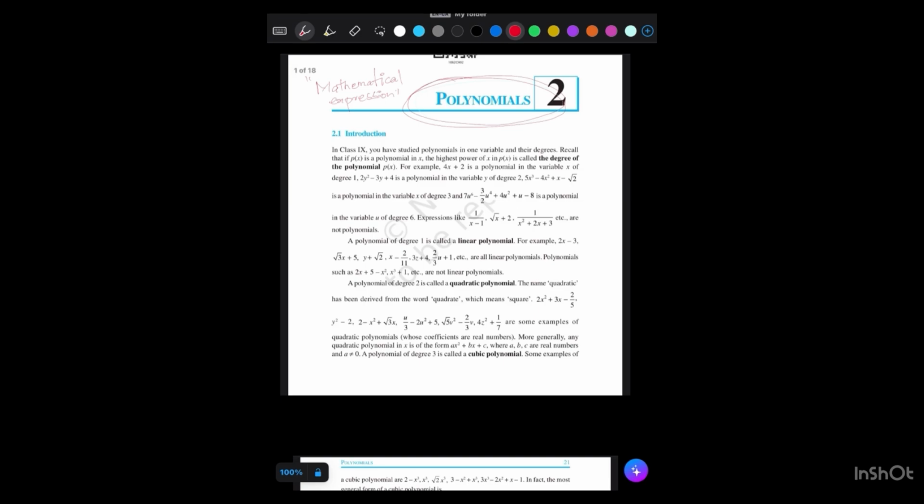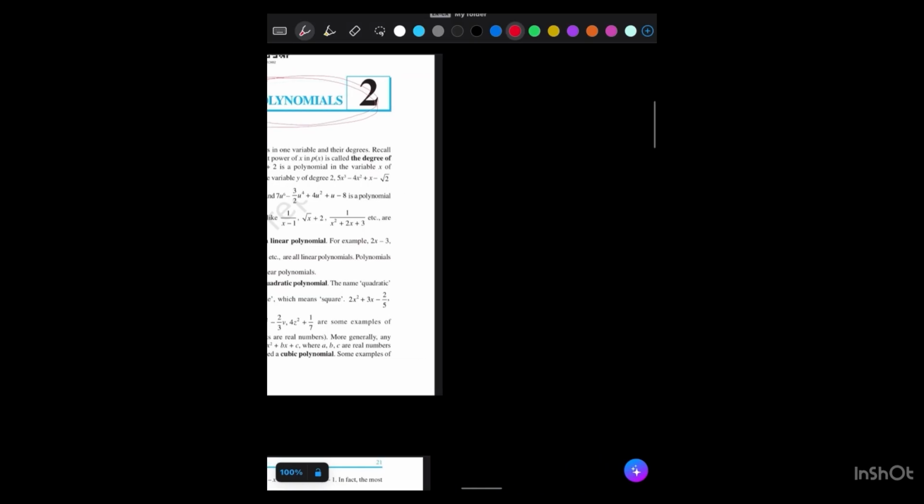So what is a mathematical expression then? In a mathematical expression, we are expressing something by using mathematical terms. What are the terms that we use here? Let's see that.